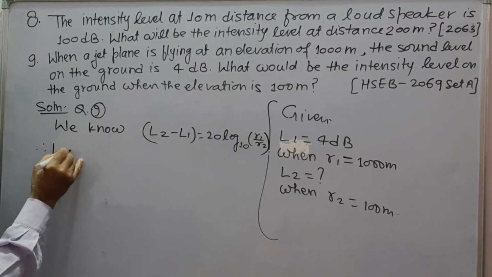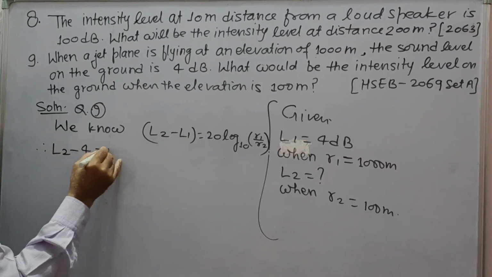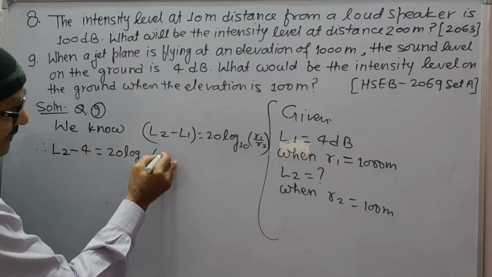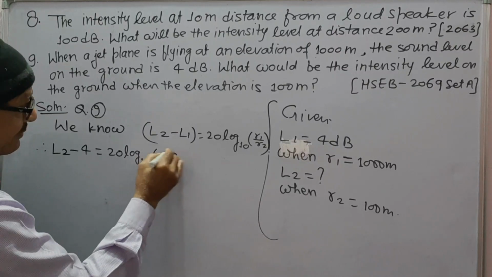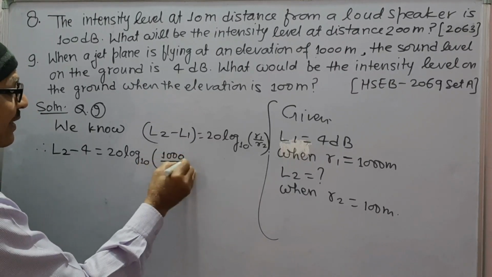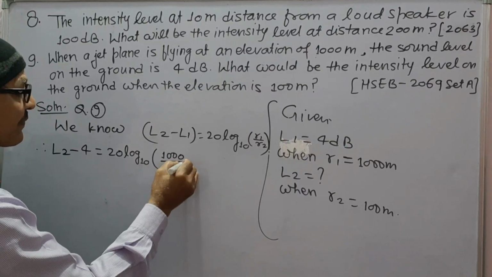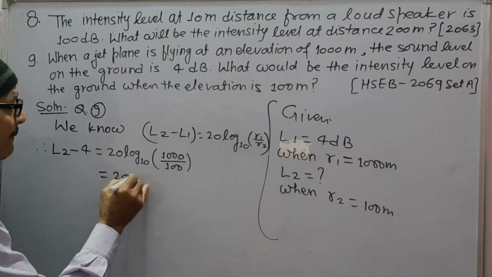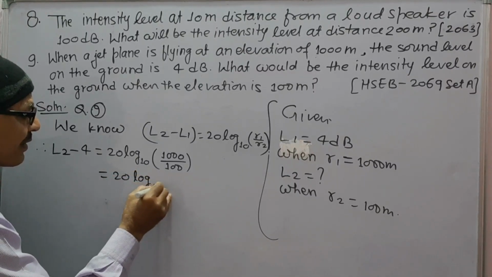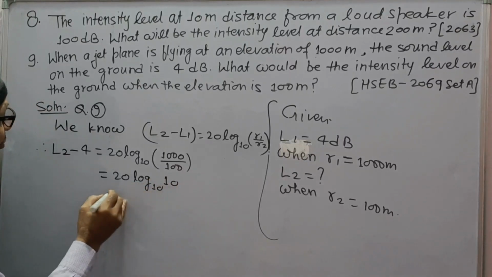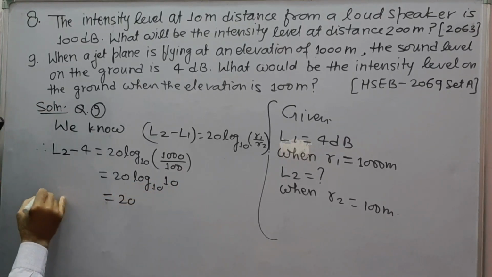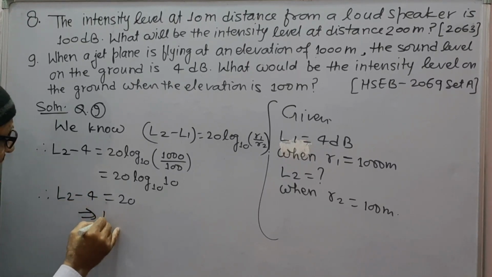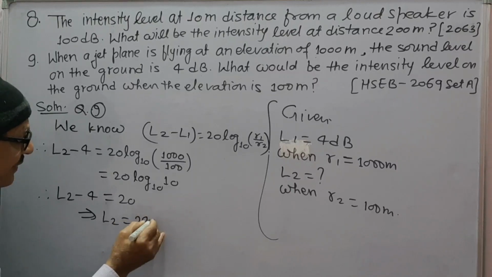Therefore, L2 minus 4 is equal to 20 log base 10 of 1000 upon 100, so 20 log base 10 of 10, which is 20. Therefore, L2 minus 4 is equal to 20. It gives L2 as 24 dB.